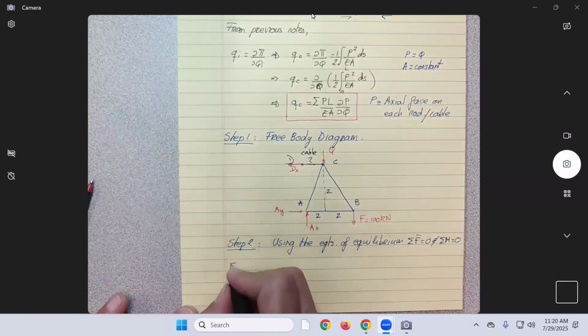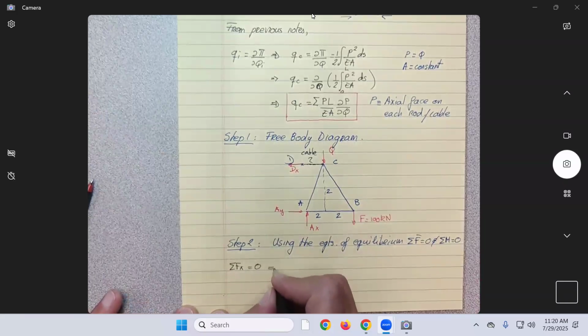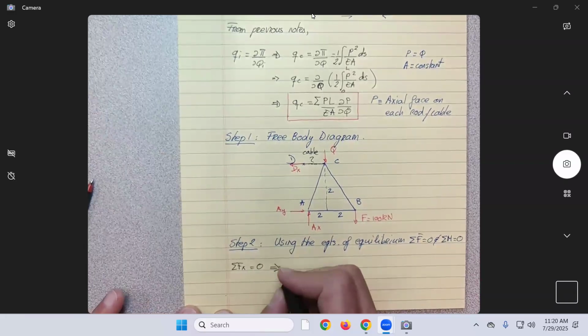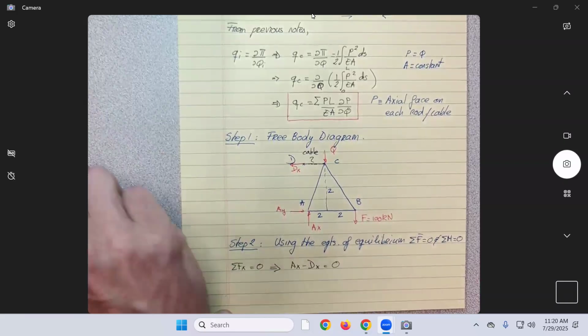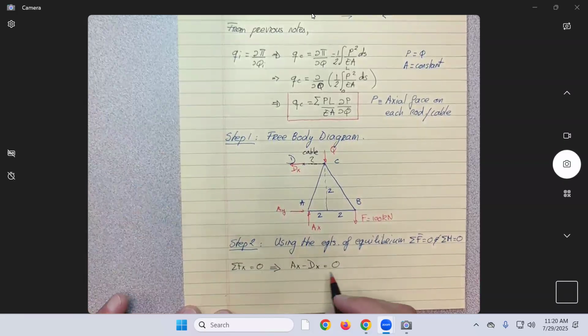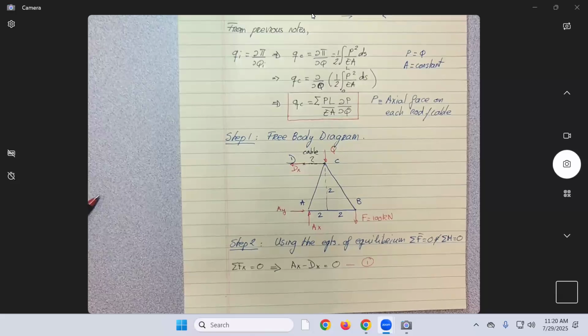We're first going to have the summation of forces in x equal to 0. This will give us what? Ax minus Dx equal to 0. Let's call that equation 1.